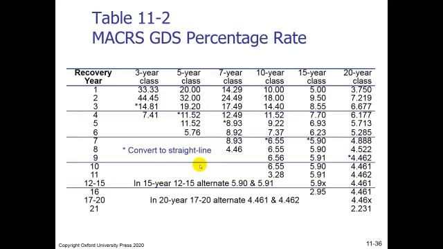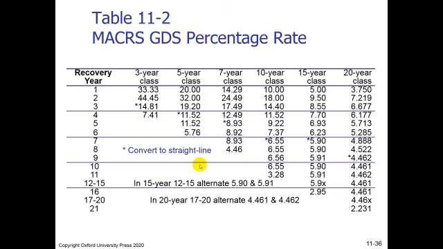Here is the MACRS percentage rate tables. So this shows you what percentage you can actually deduct in any given year. Now, this starts with the double declining balance method, but one thing to note is in the first year and in the last year, you only get to deduct half of what you would normally get to deduct.